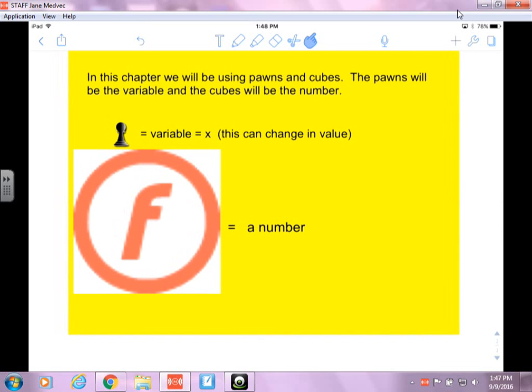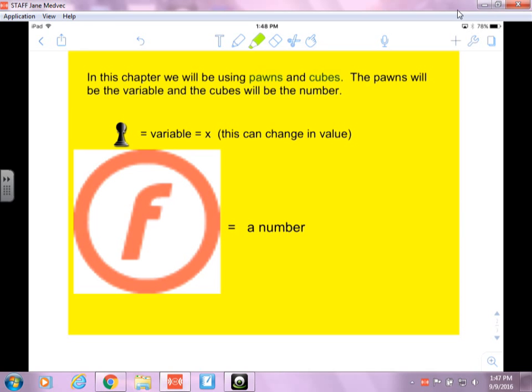In this chapter, we're going to be using pawns and cubes. The little thing that looks like a chess piece, do you know what I'm talking about? A chess piece? That's a pawn. And it's going to represent a variable. We're going to use X for the variable.